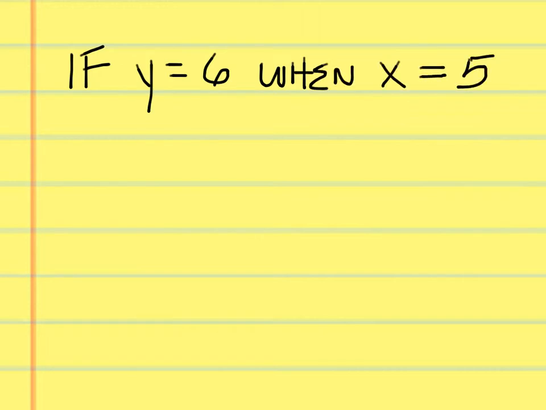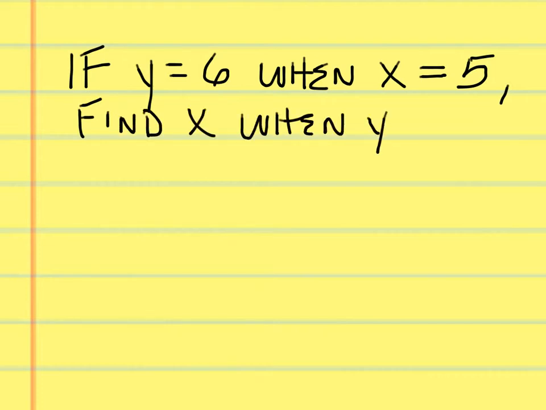If y equals 6 when x equals 5, find x when y equals 10. You could have to solve for x or y in these problems, but it's just simple equations.